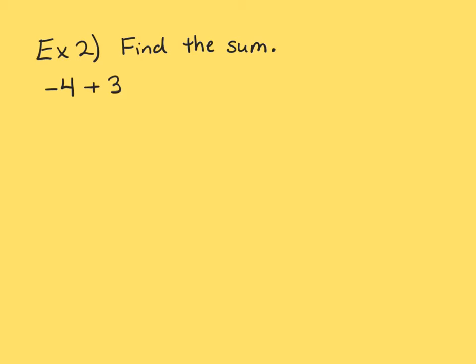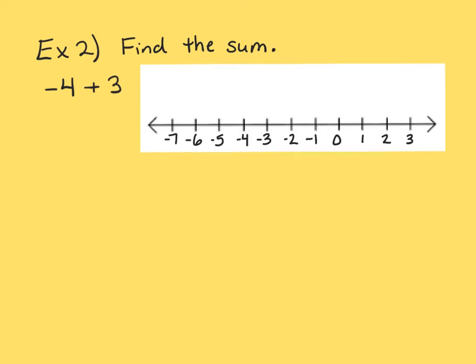Example 2, we're just going to find the sum. We have -4 plus 3. So we'll start with a number line to look at this problem. Our starting point, if we're not given a starting point otherwise, is always just at 0. From 0, we're going to go 4 to the left to represent -4.